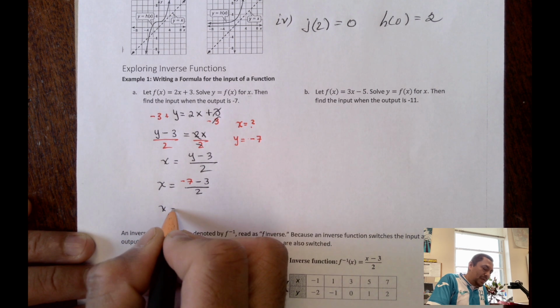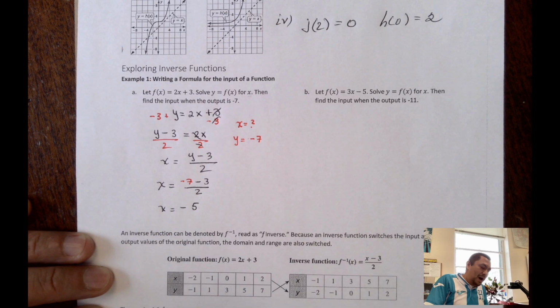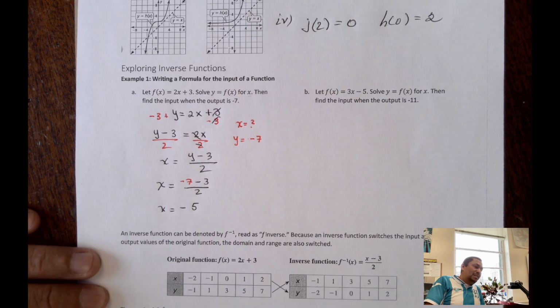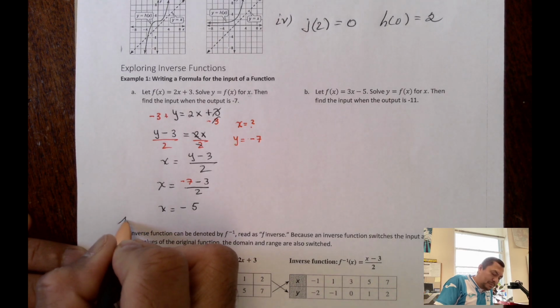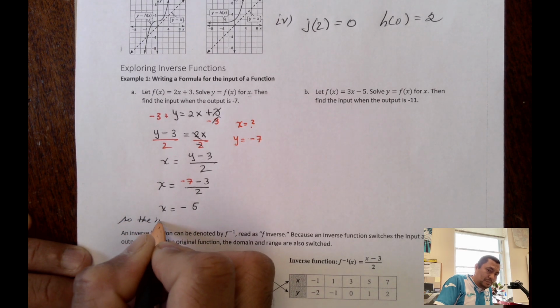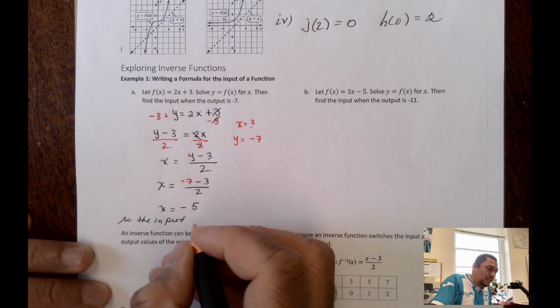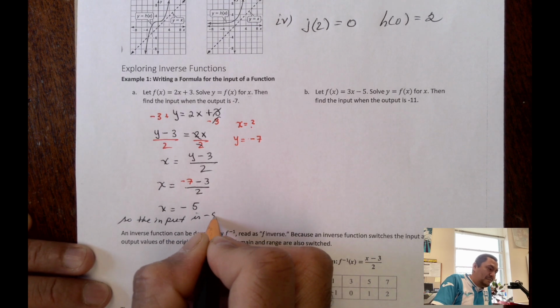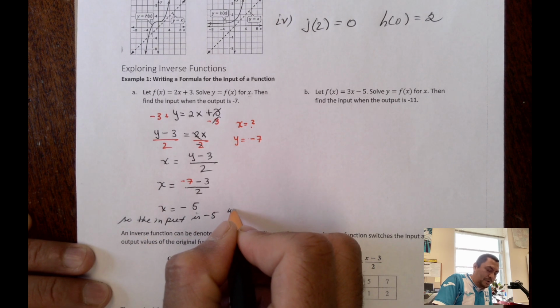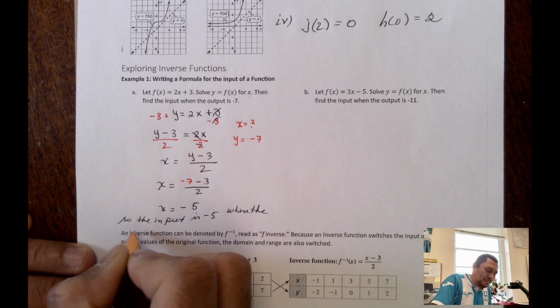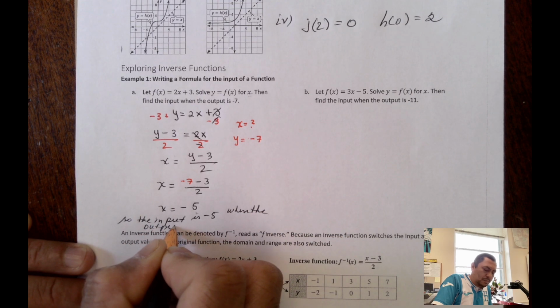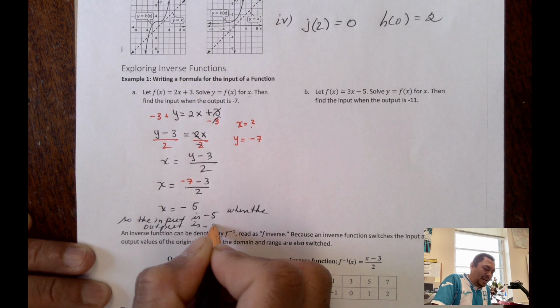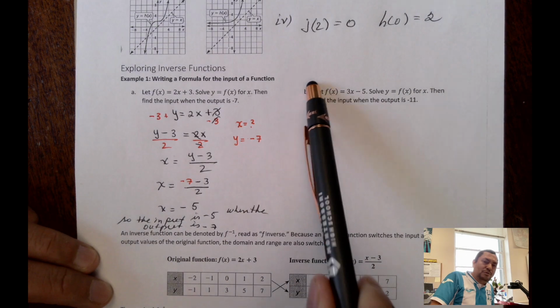And this one is going to be x equals -5. So in this case, I solved for the input. The input is -5 when the output is -7.